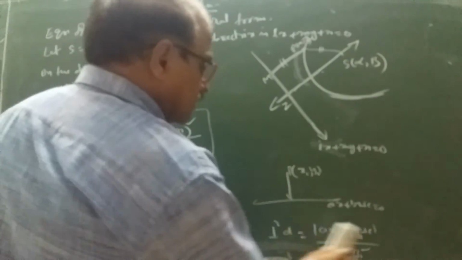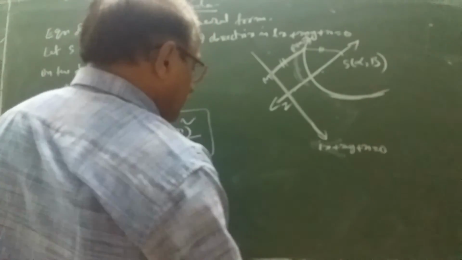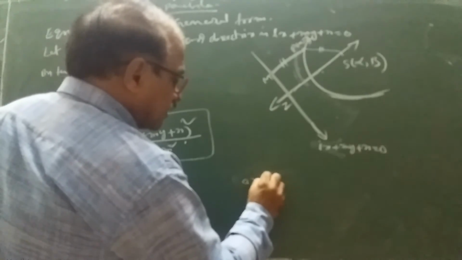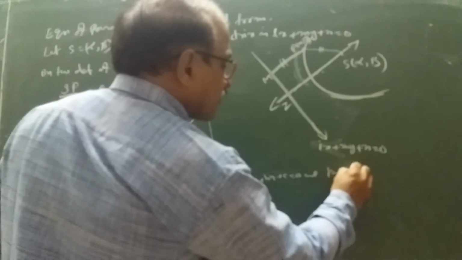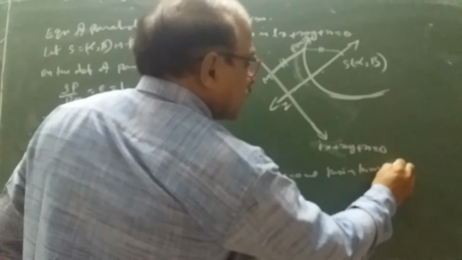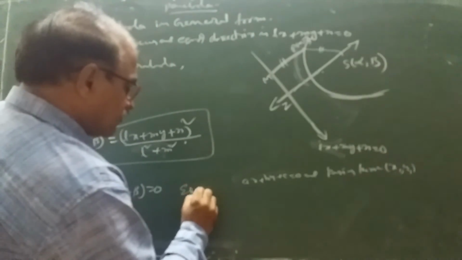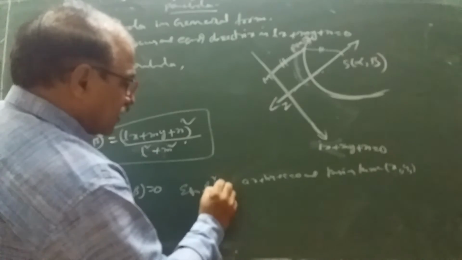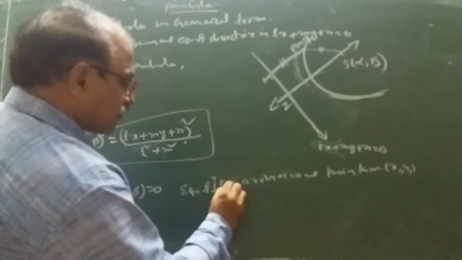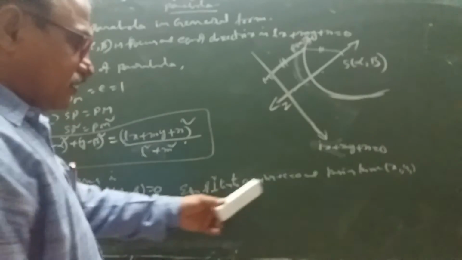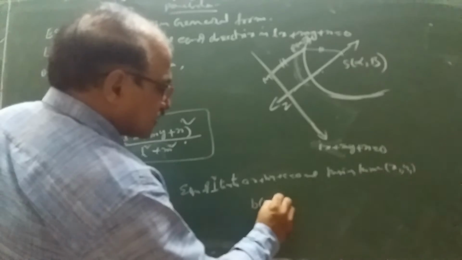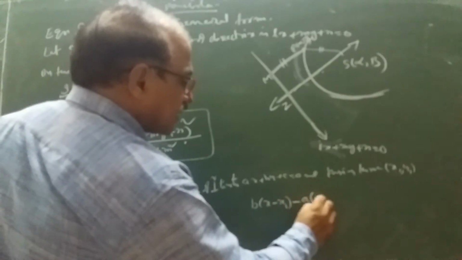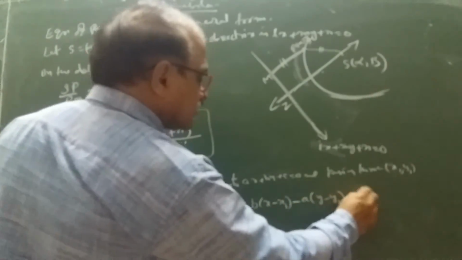In 1D we already know that for any straight line ax + by + c = 0 passing through (x1, y1), the equation of the perpendicular line to the given straight line is b(x - x1) - a(y - y1) = 0.